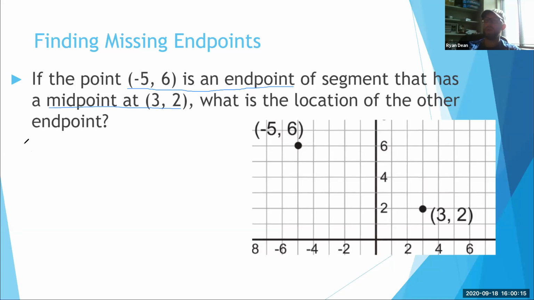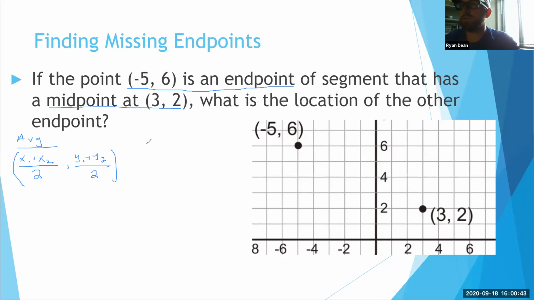So we know that the average formula, right, is x1 plus x2 over 2 and y1 plus y2 over 2. So this is the average formula.